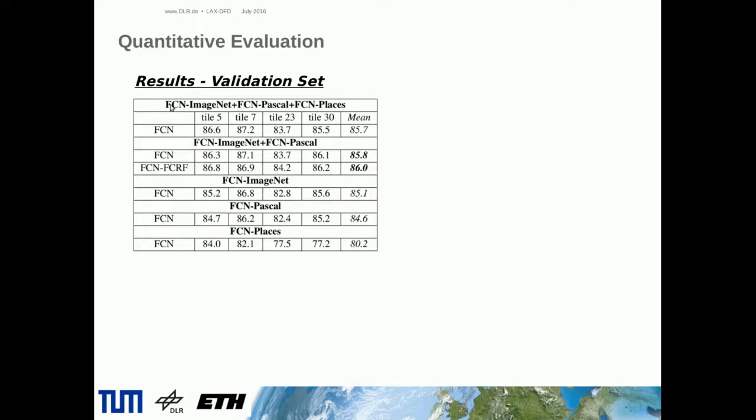What you can see here is the outcome when we use all 3 models, so all 3 ensembles. And here is when we use 2 models, and here is when we use each independent model on its own.